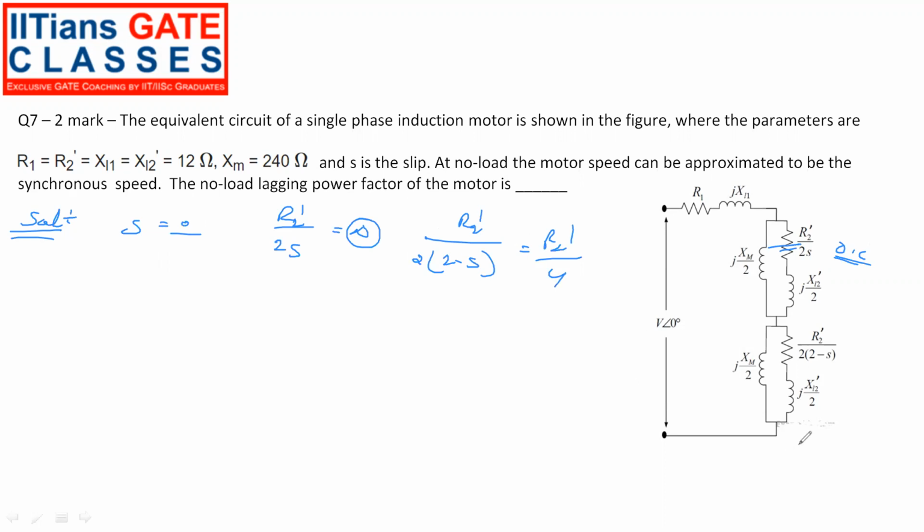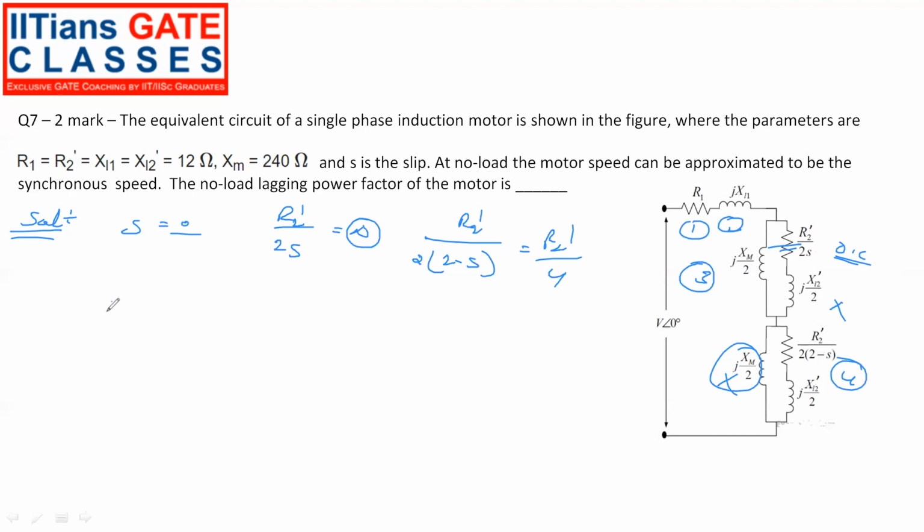In this section, the Xm by 2 value is very small when compared to this impedance, so generally we neglect it. You open circuit this part, so it won't come into the picture. So we have this 1, 2, 3 and this impedance 4.